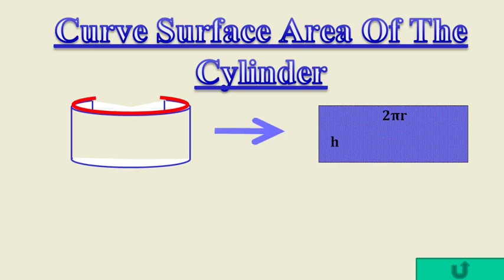The length of this rectangular sheet is labeled as 2 pi r. Why? Before converting it into a rectangular sheet, it was a curved surface, and the upper edge of this curved surface, which is highlighted in red, was a circular ring.